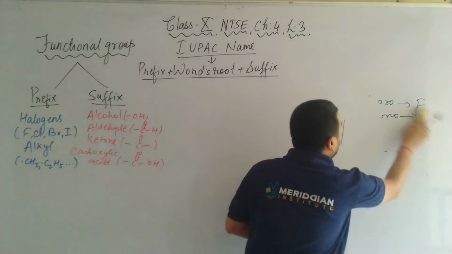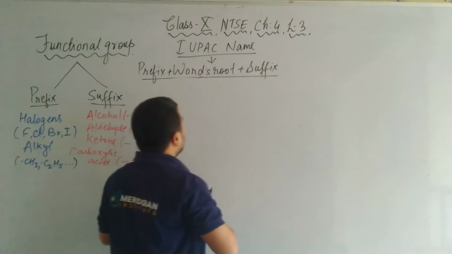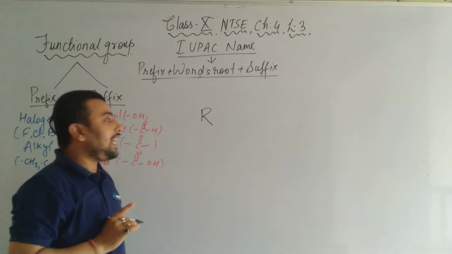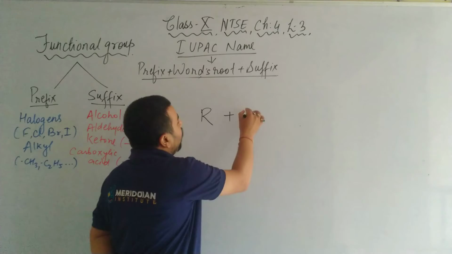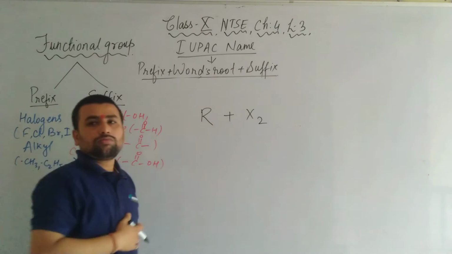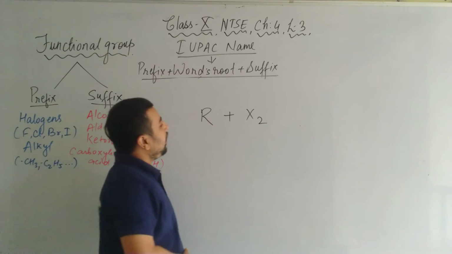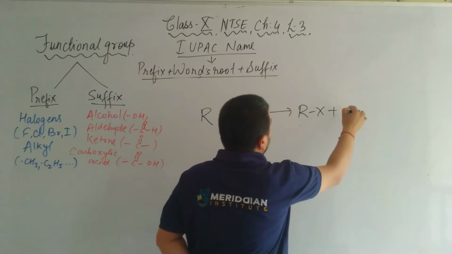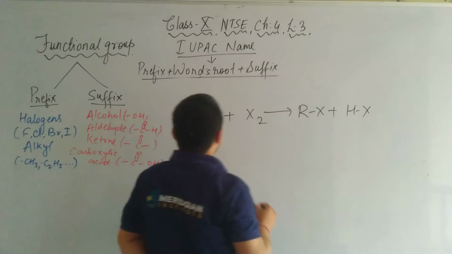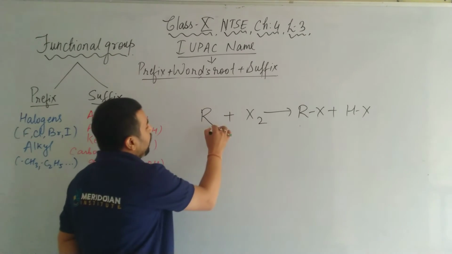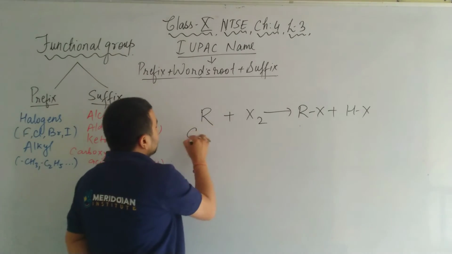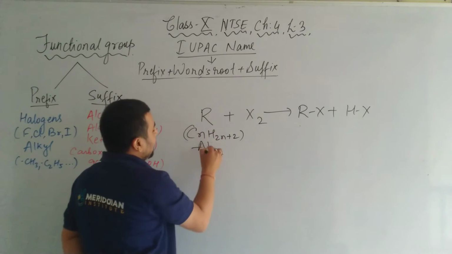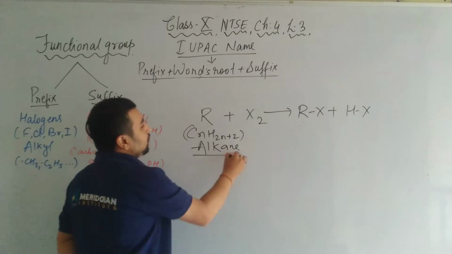Is it okay? So this was the first prefix which we added in the form of halogens to the alkyl group. Generally we denote the alkyl group as R and the halogen as X2. So it will become RX plus HX, because your R comes from CnH2n+2, which is nothing else but alkane. Got it, dear students?